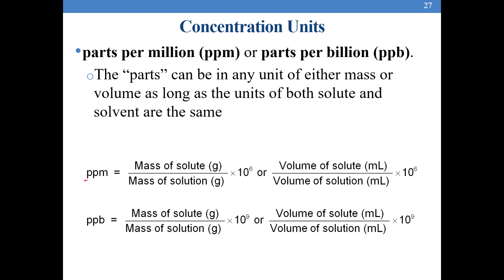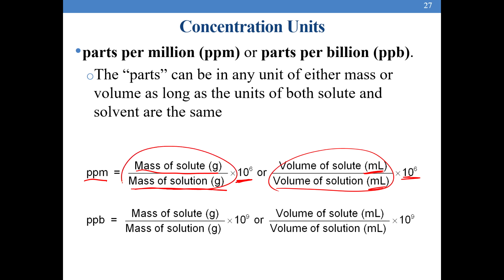Parts per million is mass of solute over mass of solution times 10 to the 6th, or you could do it in terms of volume times 10 to the 6th. The table on the previous slide showed the 10 to the 6th part, but it didn't give these two options. Billion is the same exact concept, except you're using 10 to the 9th because that's a billion versus a million.